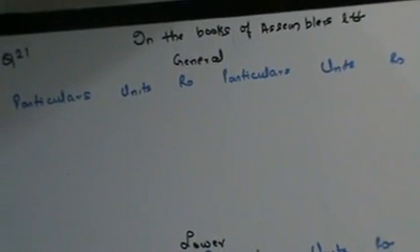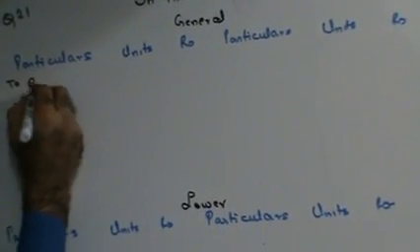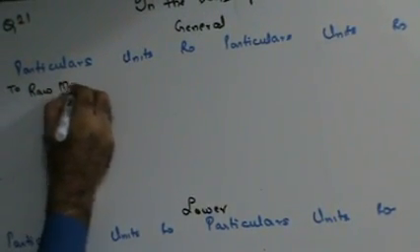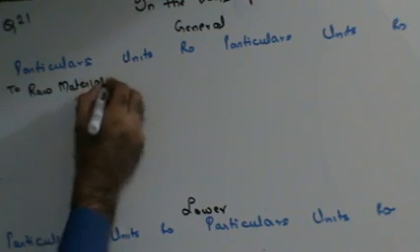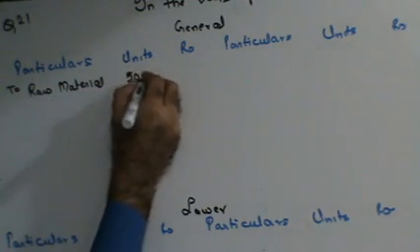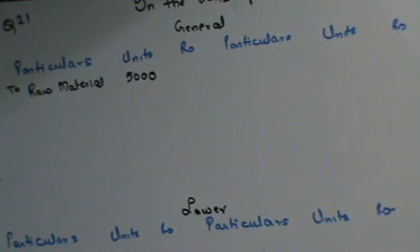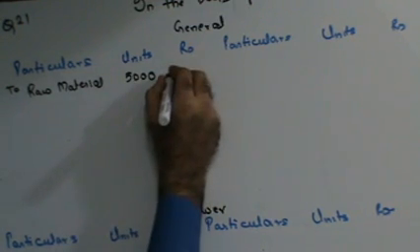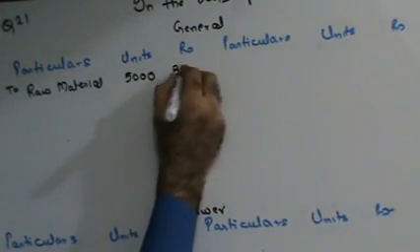Right, let's start. Now they bring you raw material. Raw material is given to you as 5,000 units. Raw material cost per liter is 60. Now 60 rupees per liter and 5,000 liters, that is going to be 3 lakhs.